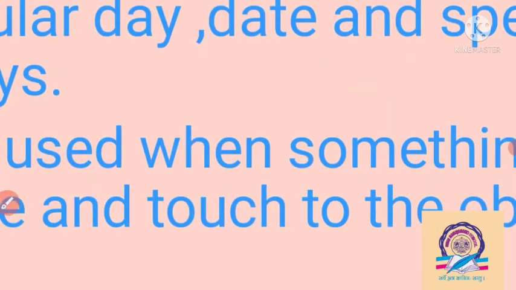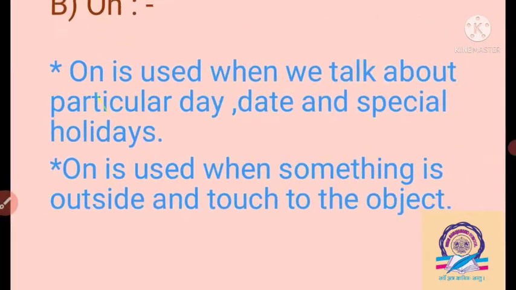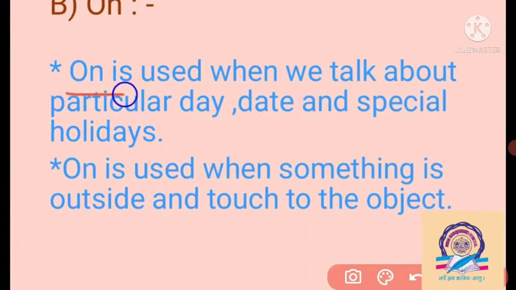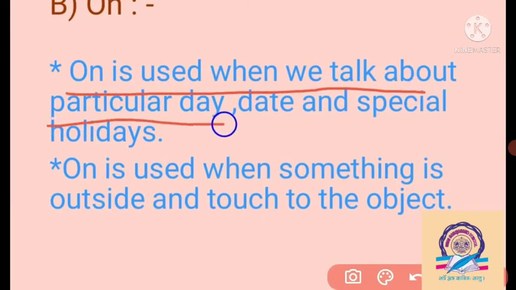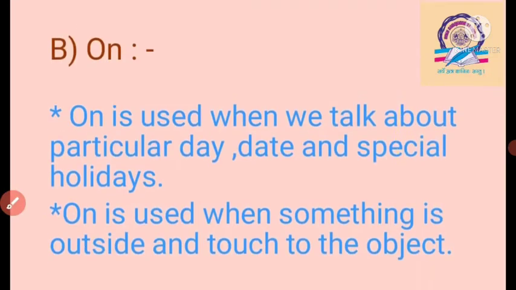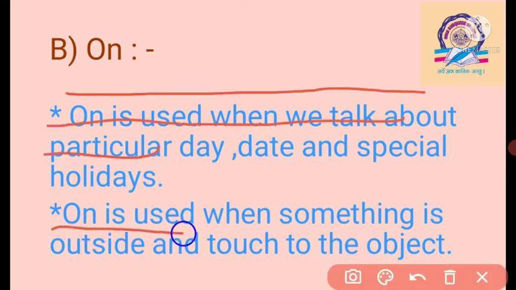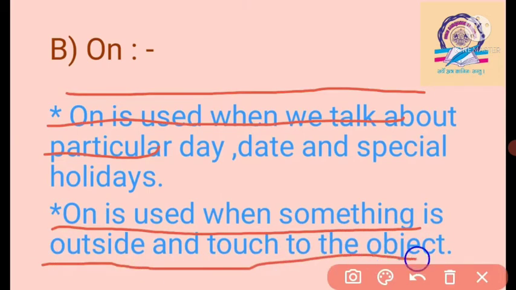Then "on". When do we have to use "on"? We can say that "on" is used when we talk about a particular day, date and special holidays. So we have to use the preposition "on" when we are talking about a particular day, date and special holidays. Then "on" is used when something is outside and touching the object.